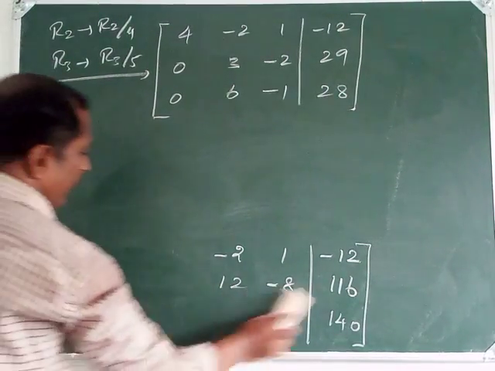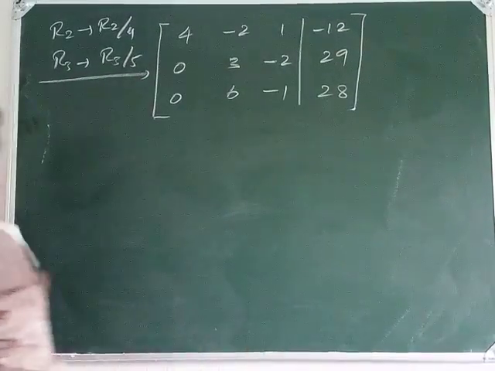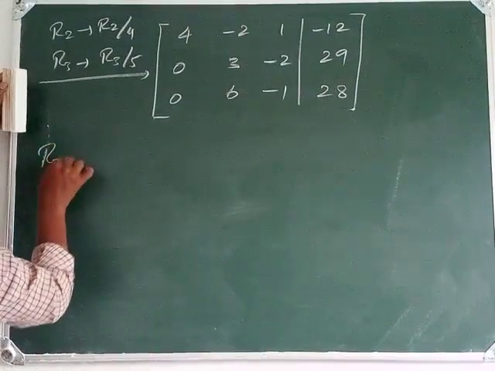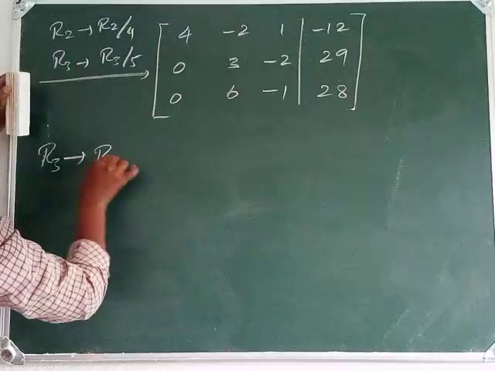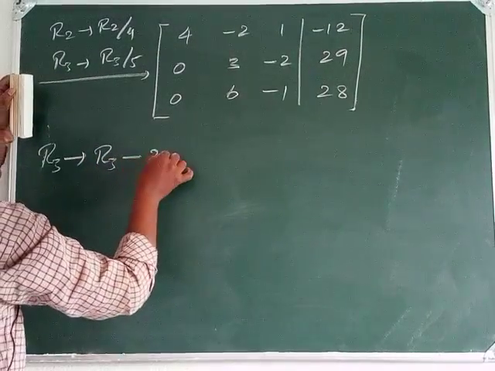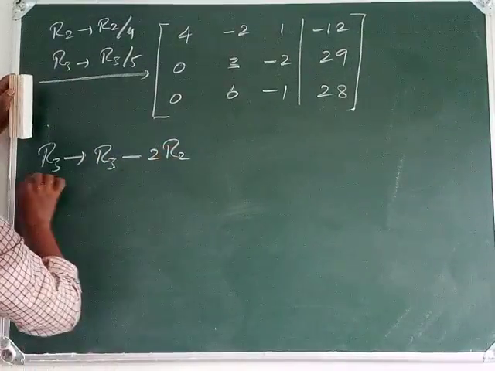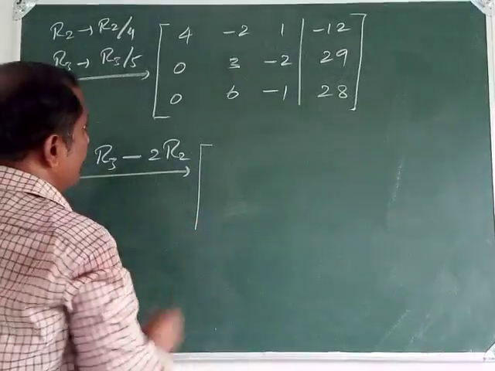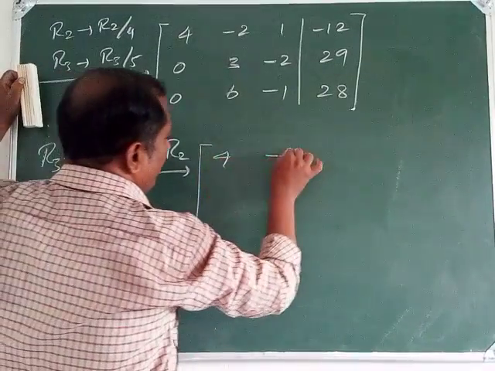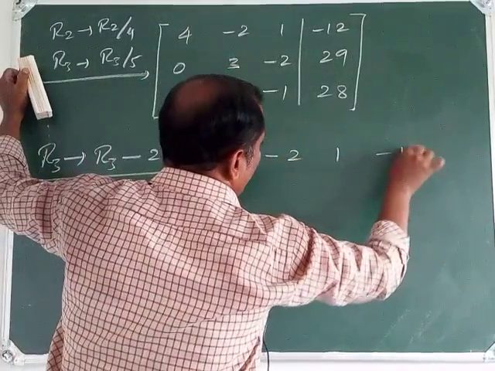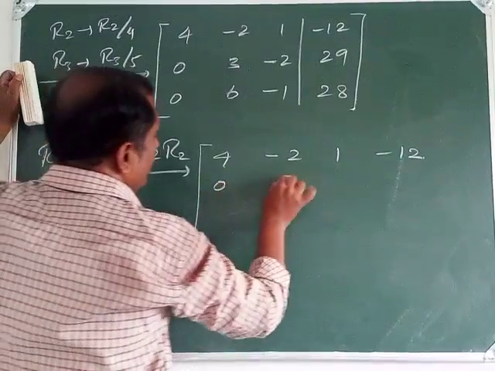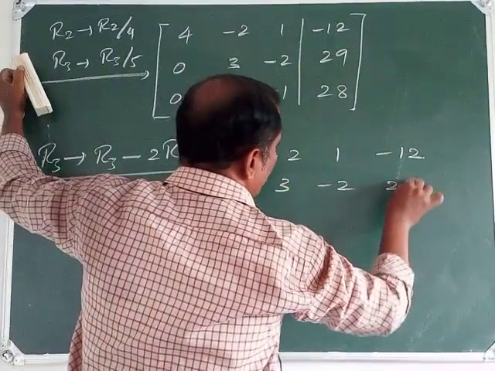So again, after the third row only. The third row implies third row minus 2 times the second row. So first row 4, minus 2, 1, minus 12. Second row 0, 3, minus 2, 29.